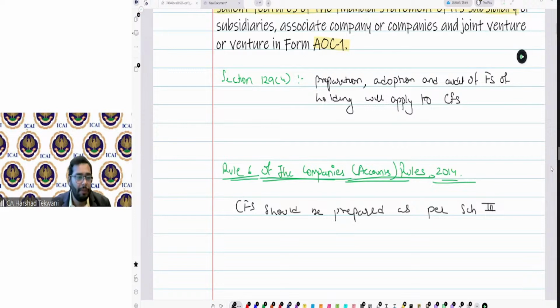Now the question comes, with all these things we have discussed, what about a company which is not required to consolidate its financial statements? So the company is not required to prepare a consolidated financial statement but has subsidiaries.